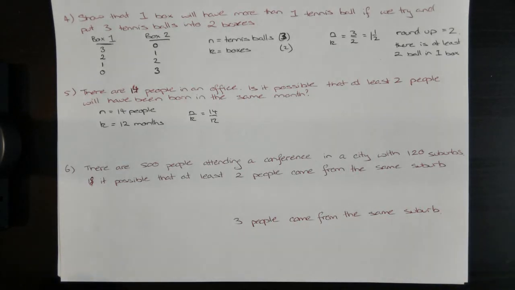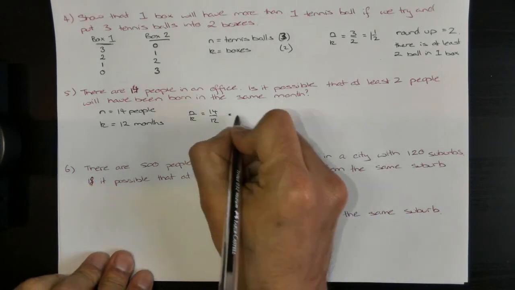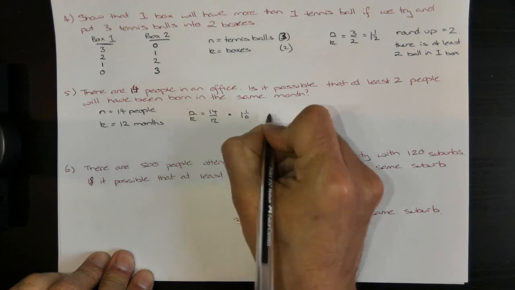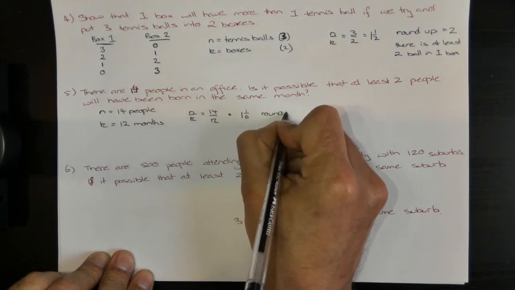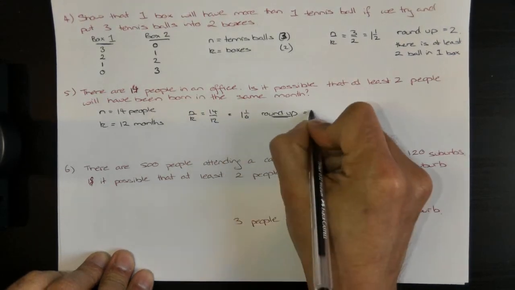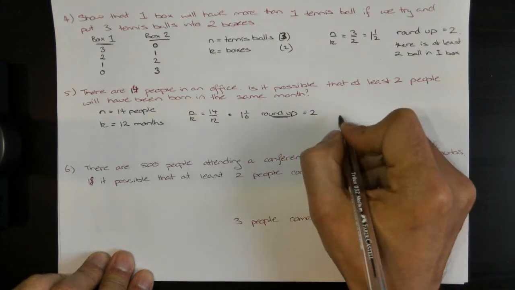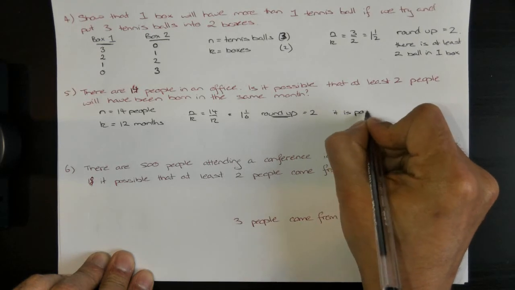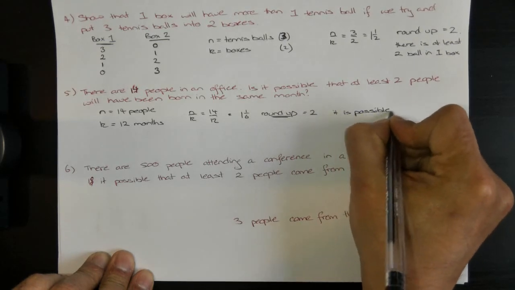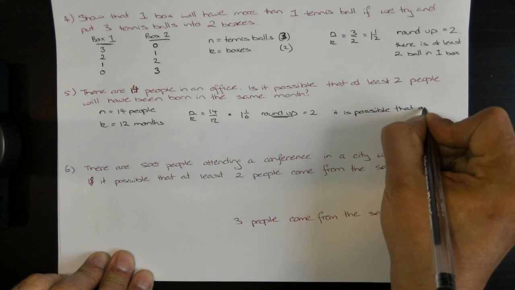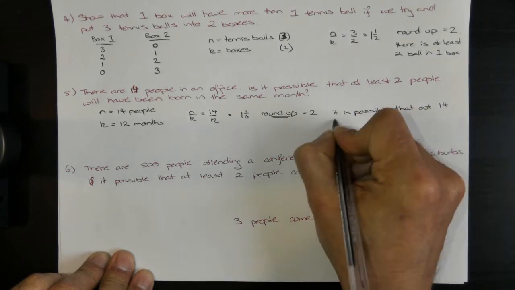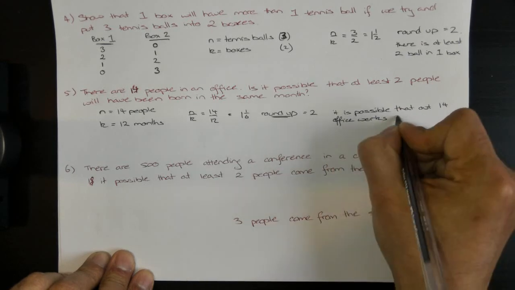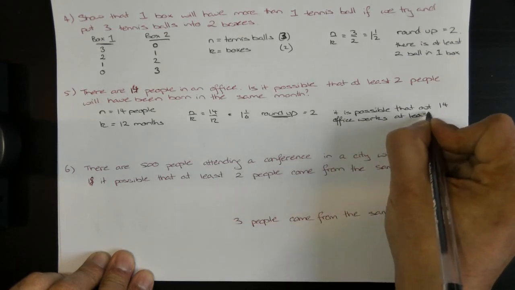Well, that's 1 and 1/6. So we're going to round up to 2. So yes, it is possible that out of the 14 people, at least 2 will have been born in the same month.